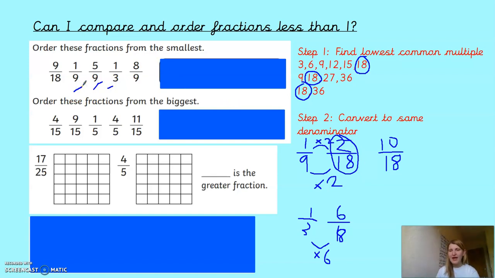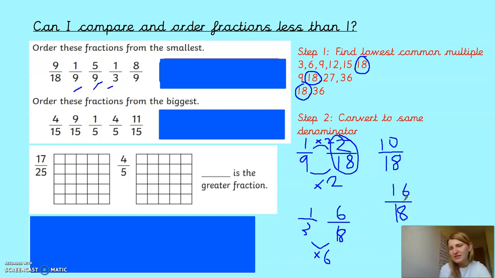Again, you have a go at 8/9 for me, please. Hopefully you've gone, aha, well, 9 times 2 will be 18. So I do the same to the bottom as the top. 8/9 as 18ths is 16/18. Now I've got them all converted. So I've got 9/18, 2/18, 10/18, 6/18, and 16/18.